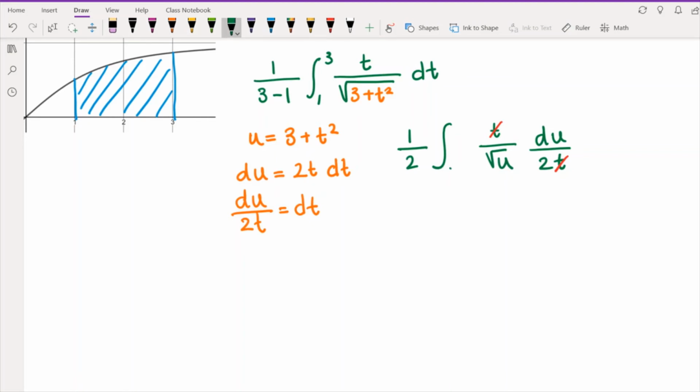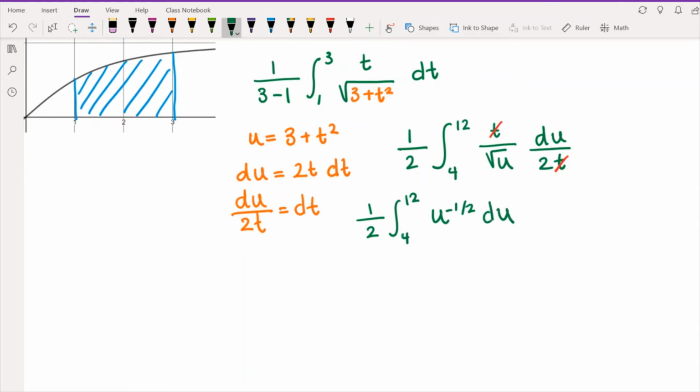And then the upper bound, if we plug in 3 for t, we get 3 plus 3 squared, which is 12. And so this is our new integral. Now we're just integrating from 4 to 12 of 1 over square root of u. Another way to write that would be u to the negative 1/2 du.